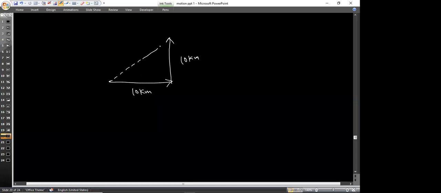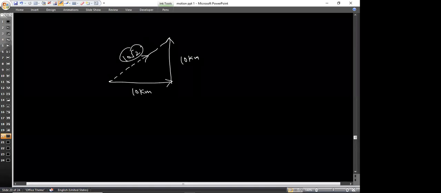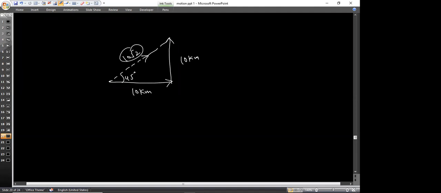10 root 2 kilometer. And will it be in this direction? Yes, sir. Okay, so it is going to have 10 root 2, and in the direction, this will be 45 degrees. Suppose this is east, and this is north, so the direction will be northeast.